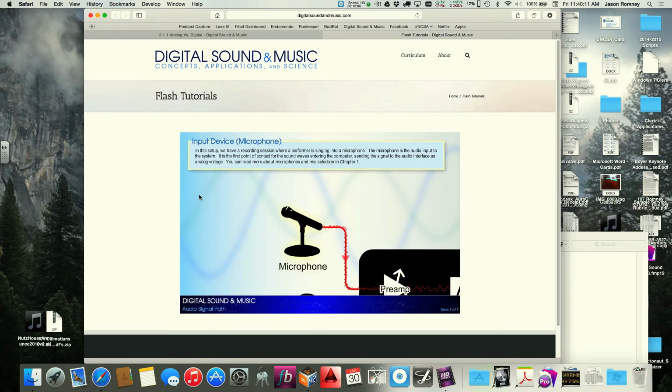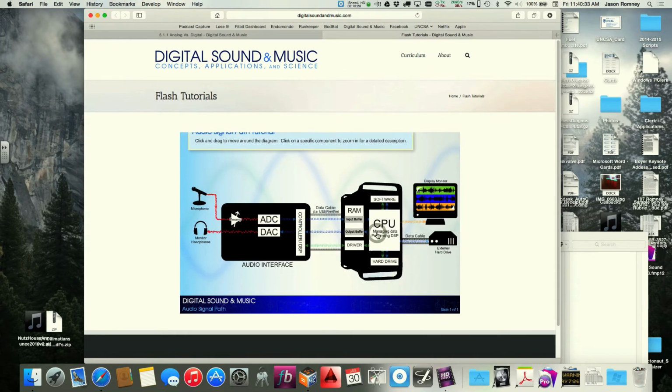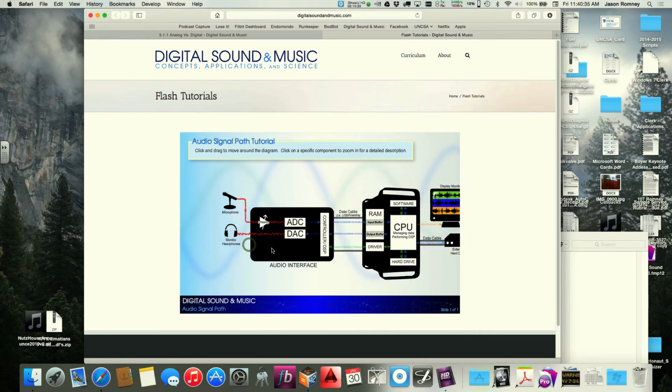So this first thing is the microphone, and hopefully we sort of know what a microphone does at this point. But it is a transducer. It takes that acoustic energy and converts it into electrical energy. So it takes a sound wave that's happening in the air and creates a voltage wave out of that. And so that voltage then is fed into your audio interface, okay, which is the big black box here.